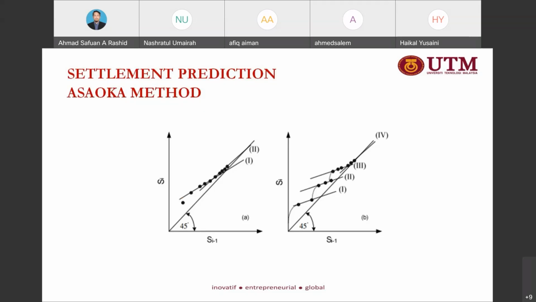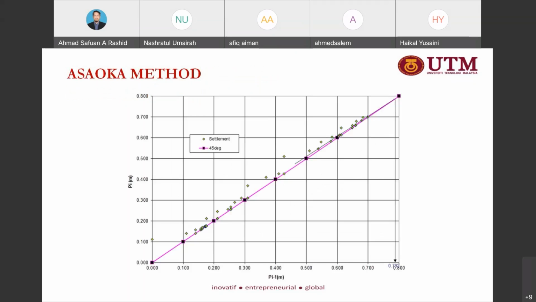We may compare the result that we obtain from the site with the previous or the future value from the same site to plot the ASOCA settlement. I will not explain this method in detail, because you may learn it in another subject.